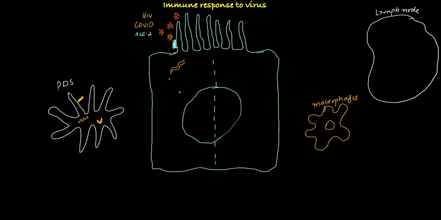Now this nucleic acid has to move further and gain access into the nucleus. Here it will become part of the nucleus, and then mRNA is formed, and this mRNA is going to produce proteins.